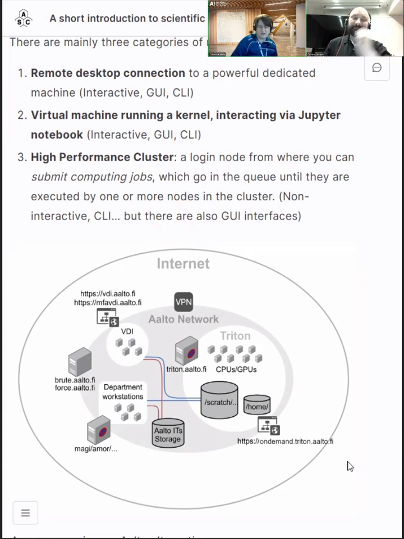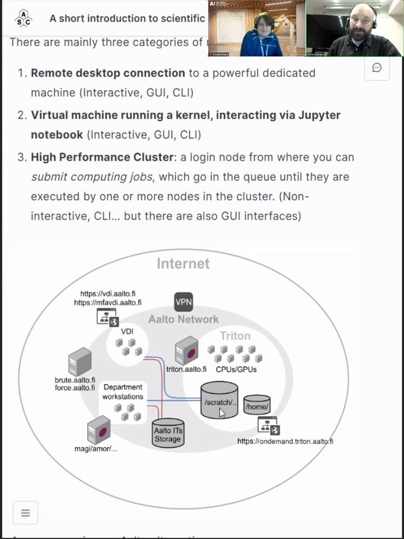Enrico, if you want to move something out from Scratch, how do you get it out? Yes, in my understanding this will be covered in some of the examples in the morning. But basically, there are different ways. One way would be exactly this on-demand interface, where you can see the file system and get something out. But there are also other ways in our documentation, for example, you can make this file system visible in your operating system.